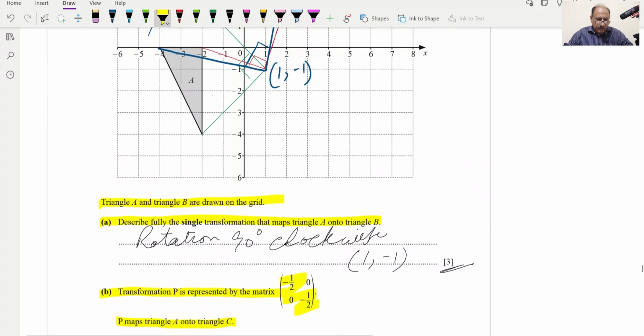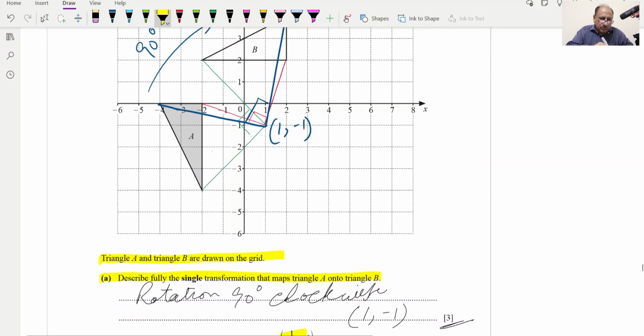of triangle A, and if we write down the coordinates of triangle A, those coordinates are: for this one -2 and -4, for this one it will be -4 and 0, and for this one it will be -2 and 0.